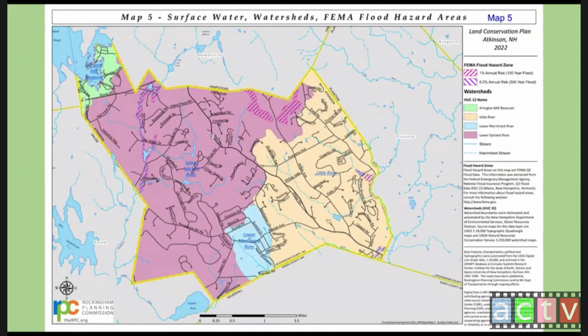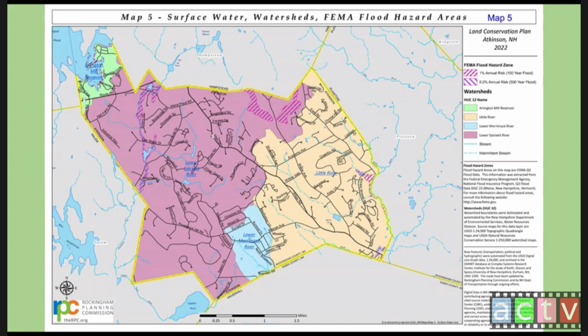Looking back at the map, the watershed areas are the Arlington Mill Reservoir watershed in light green, up by Big Island Pond. The lower Spigot River watershed is in purple. This water all winds up in the Atlantic Ocean, but it's just what stream it gets there by that they're talking about.